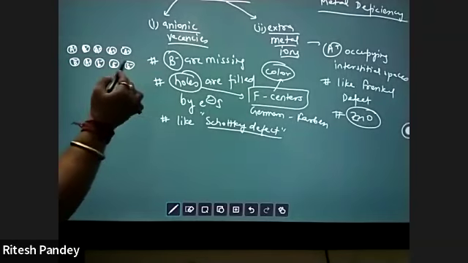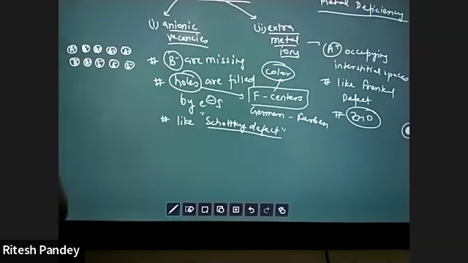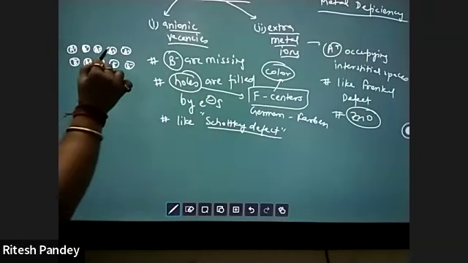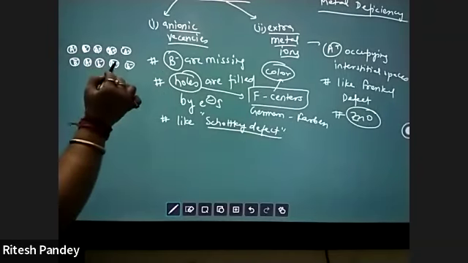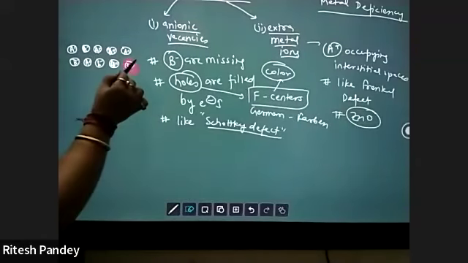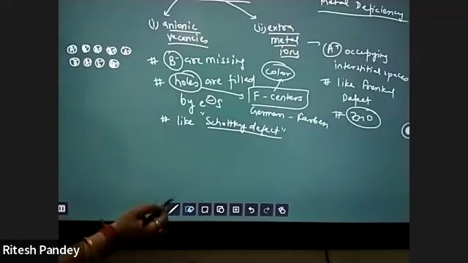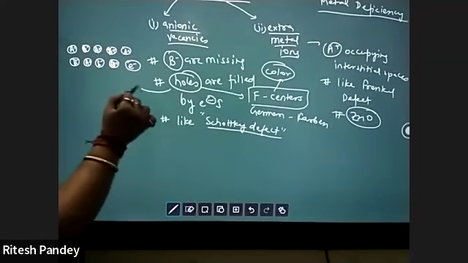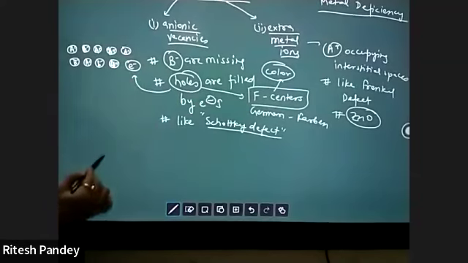Where in this case B minus are missing, I'll have a vacancy here, and this is going to be filled by an electron for electrical neutrality. This is called a hole or an F center.